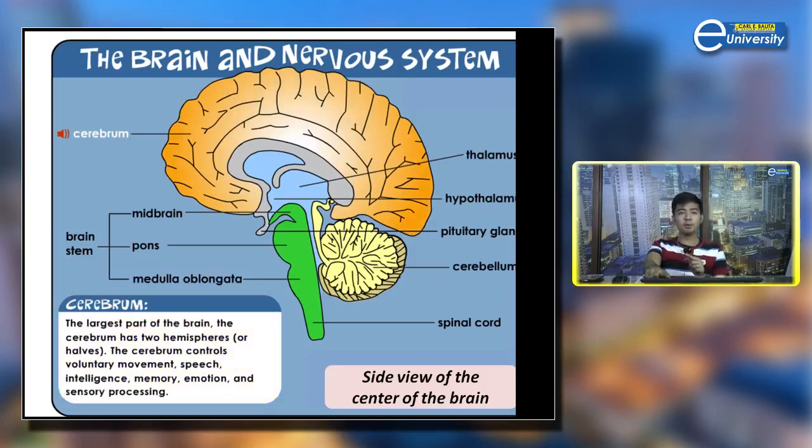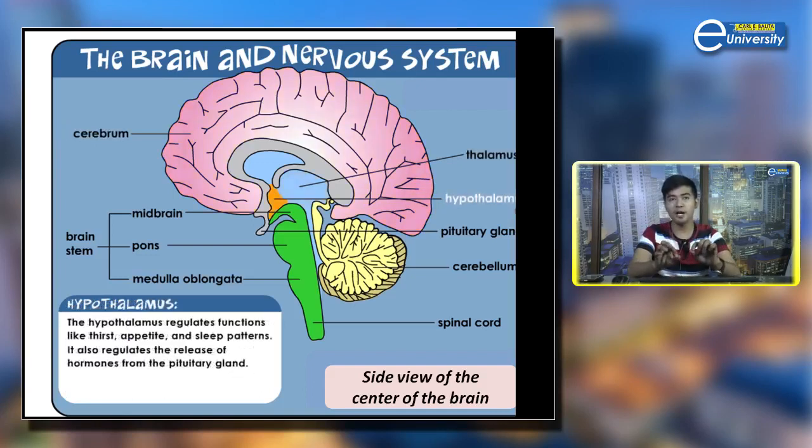The cerebrum is the largest part of the brain, take note of that. It has two hemispheres. The cerebrum controls voluntary movement, speech, intelligence, memory, emotion, and sensory processing.